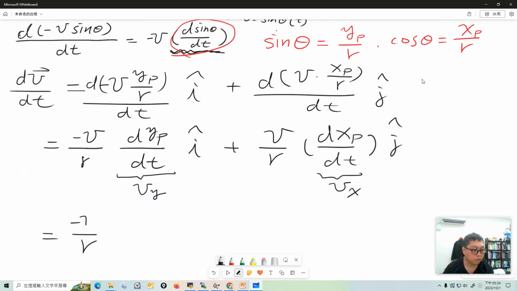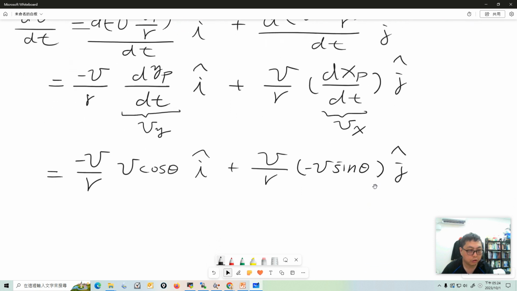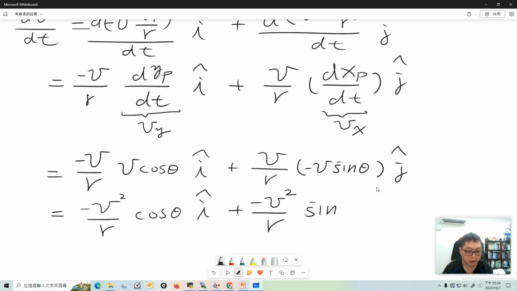We will have minus v over r times v cosine theta, i, plus v over r times minus v sine theta, j. So we finally get minus v squared over r cosine theta, i, plus minus v squared over r sine theta, j. This is the centripetal acceleration vector.